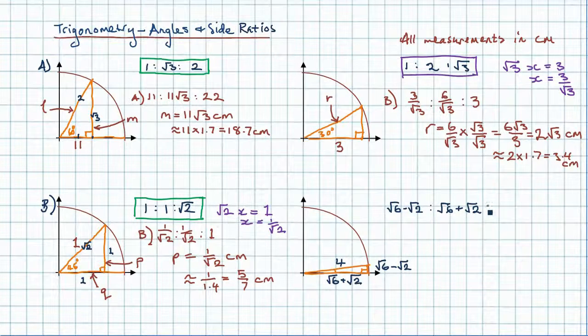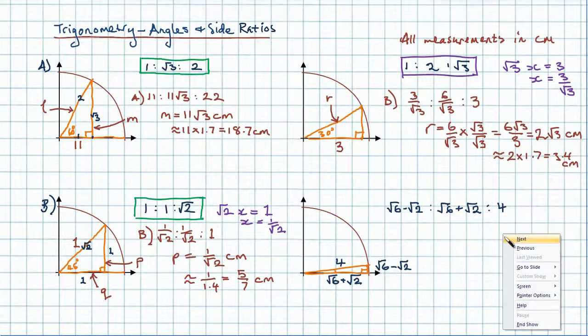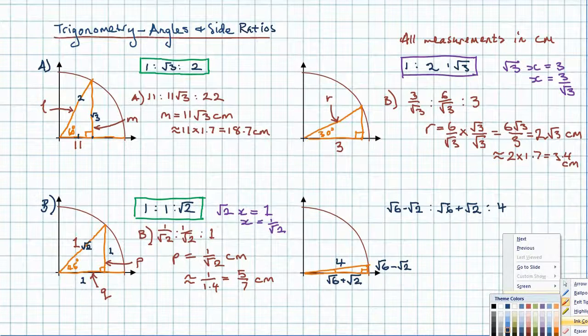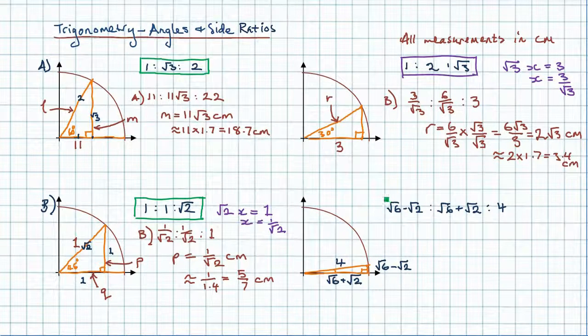And finally, our longest side is 4. So if you can remember that, root 6 minus root 2 to root 6 plus root 2 to 4, and 6, 2, 4, not too difficult to remember, then that's a really nice shortcut if you come across 15 degrees.